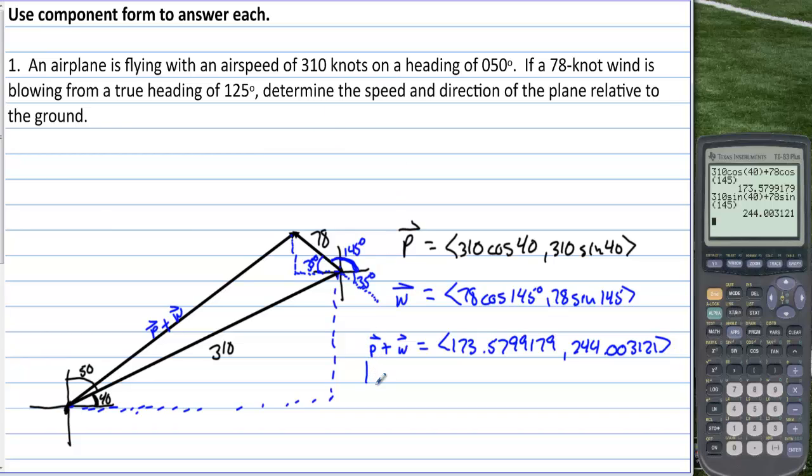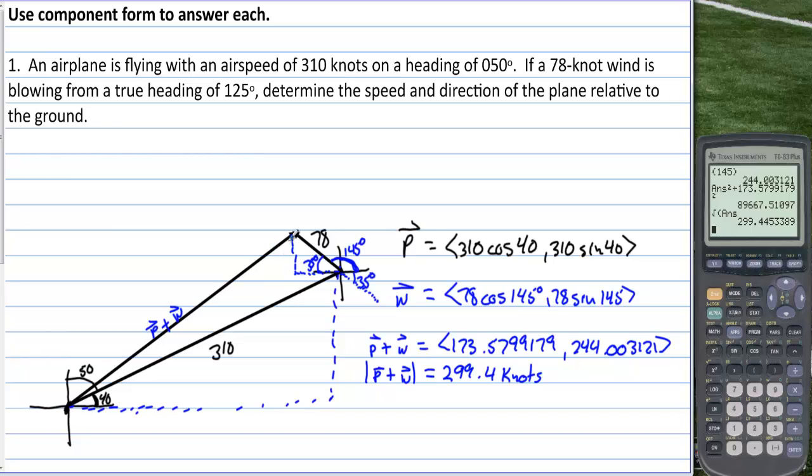That's going to be the magnitude of vector P plus vector W. So we need to square what we have here, and then plus 173.5799179 squared. And we get 89,000, and then we take the square root of that answer right there, and we get what we got yesterday for this exact same problem, 299.4, and that's going to be knots.